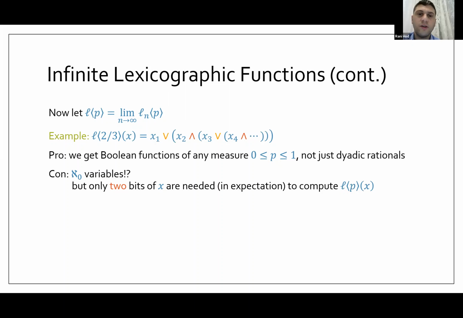Not all of them are very influential. On average, I only need to read 2 of them to compute the value of the function. So x100 is going to have very little influence on the output. I only get to read it with probability 2 to the minus 99.